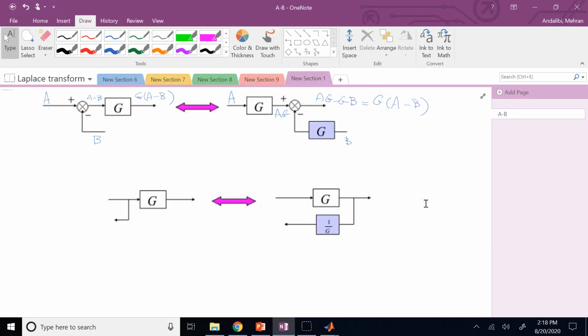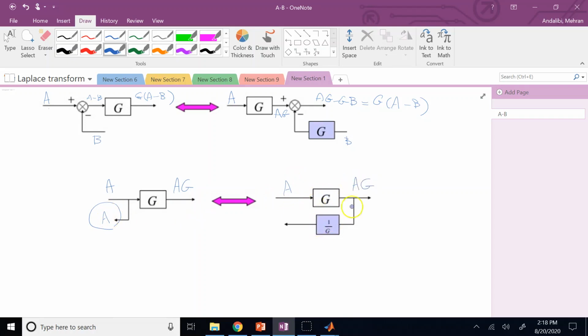So here the signal going is A, and before it goes to G and becomes A times G, I get a feedback. So the signal going out is A. But here A goes, and before I get the feedback, it's already multiplied by G. But I want A out.